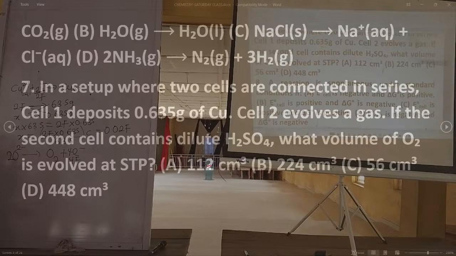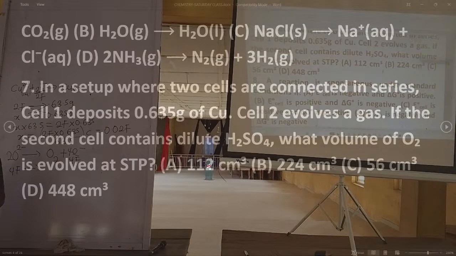All we have to do now is know that 4 Faradays of electricity actually liberate how many moles of oxygen at STP? 1. And we know that 1 mole of a gas at STP occupies a volume of 22.4 dm3. So 4 Faradays liberate 1 mole of oxygen, and 1 mole of oxygen at STP occupies a volume of 22.4 dm3.